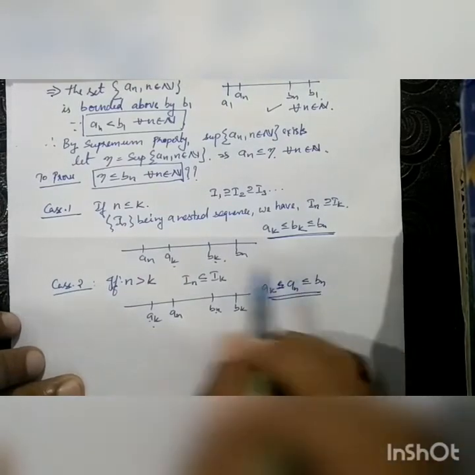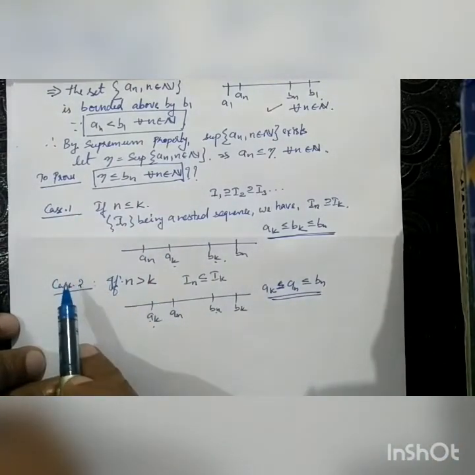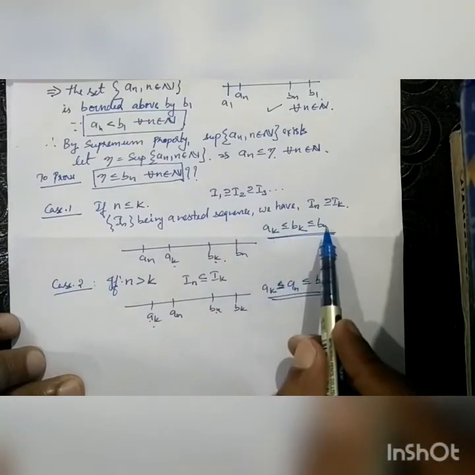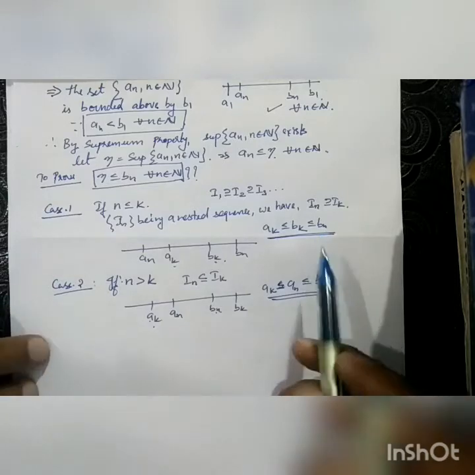See, in both cases, in case 1 and also in case 2, we have the same relation: ak is less than or equal to bn.